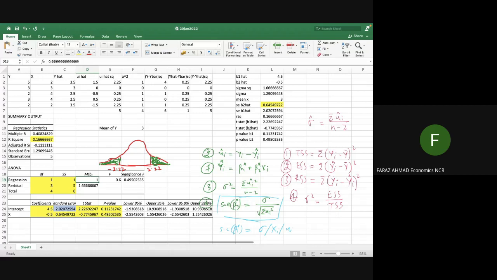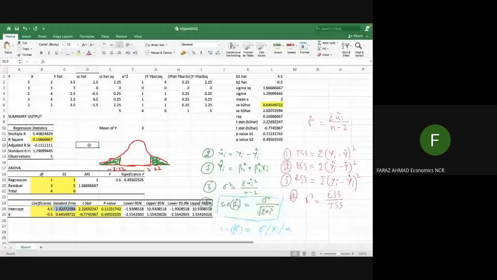Now there is another column called MS. MS means mean sum of squares, right? So mean sum of squares is sort of taking the average, and this one has to be divided by its degrees of freedom to write what is the mean sum of squares. So this number that we got is simply the sum of squares divided by its degrees of freedom for the ESS, and we got a 1.